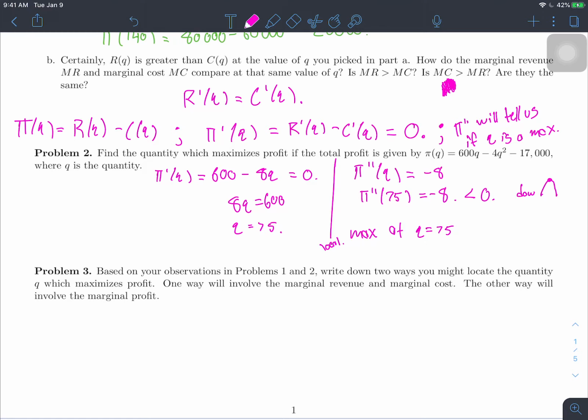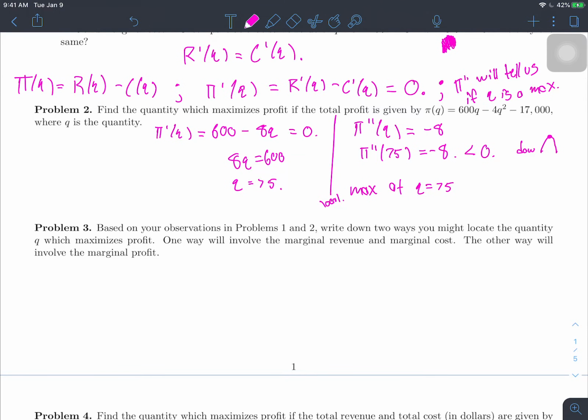Okay, so based on your observations in problem 1 and 2, write down 2 ways in which you might locate the quantity Q which maximizes profit. One will involve the marginal revenue and marginal cost, and the other way will involve the marginal profit. Well, way number 1, find Q's such that pi prime of Q equals 0.